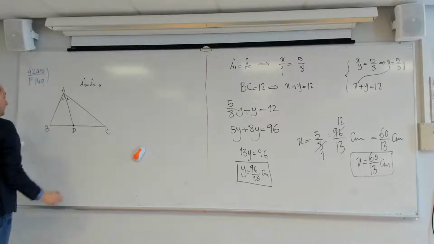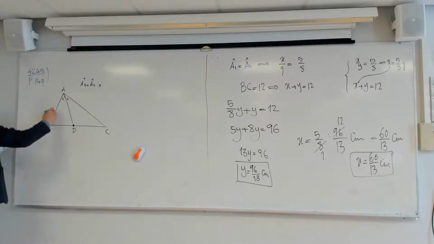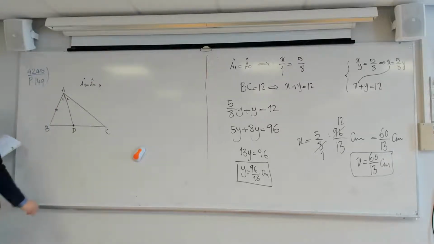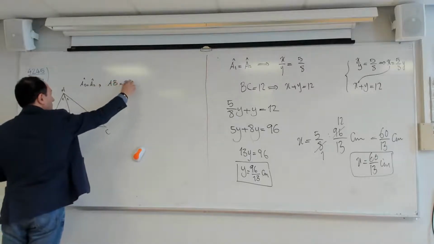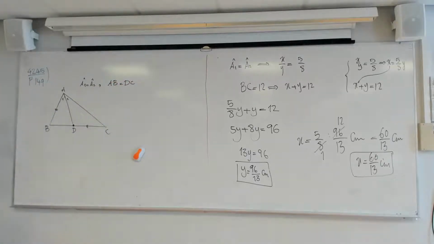We have one extra piece of information. We know that the length of AB is coincidentally equal to the length of DC. So we also know that AB is equal to DC. This is what we know in this picture.